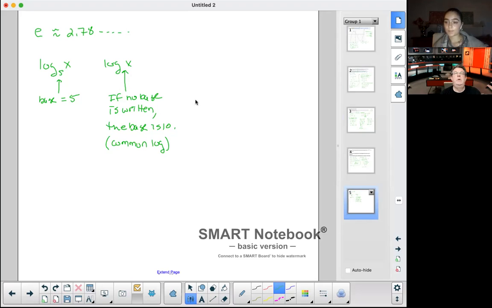Then we have ln. That is the natural log. That's what ln stands for.